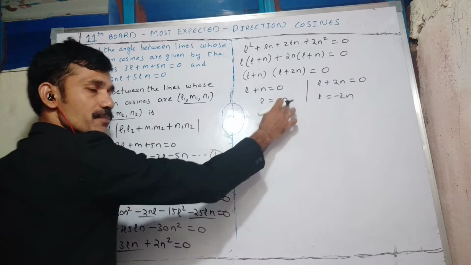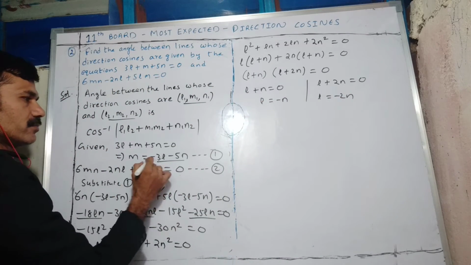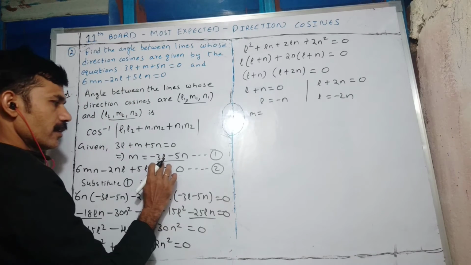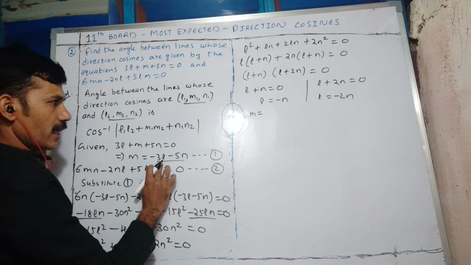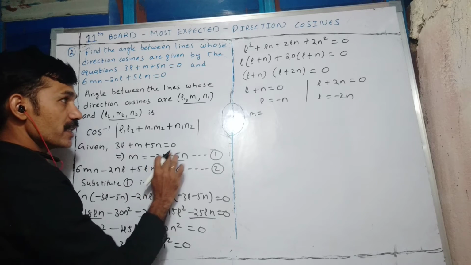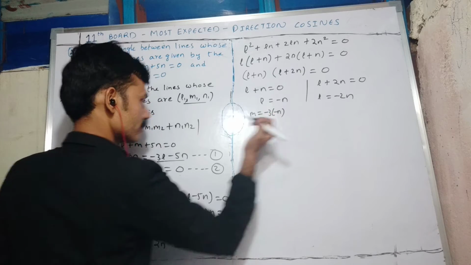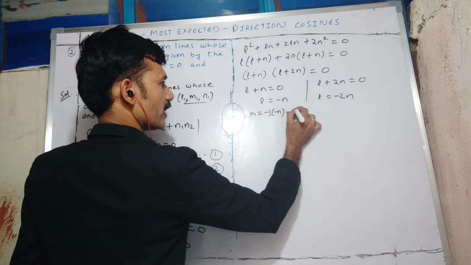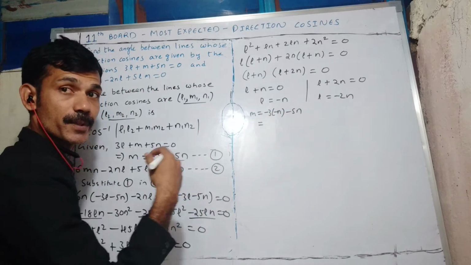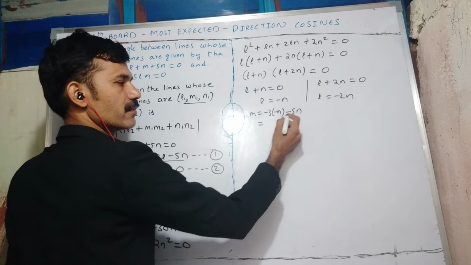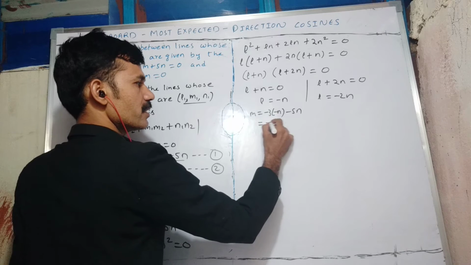When l is minus n, what about m? Use equation 1: m equals minus 3l minus 5n. In place of l, we replace minus n, so m is plus 3n minus 5n, which is minus 2n.